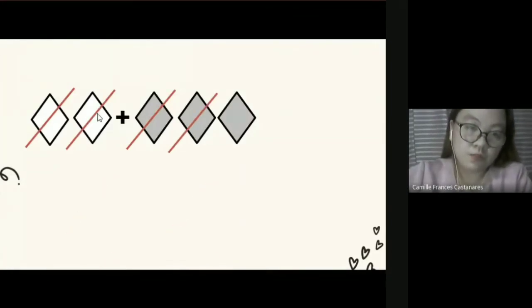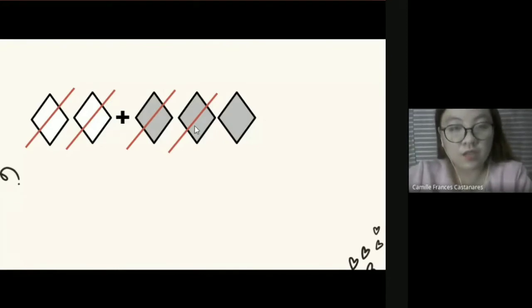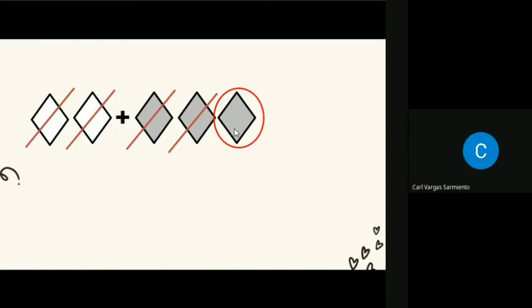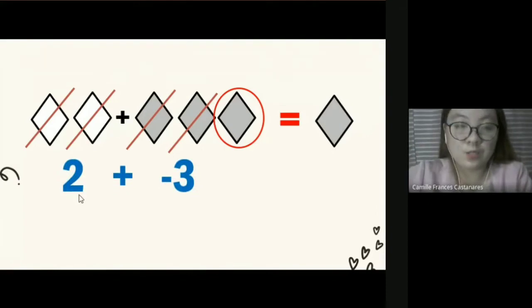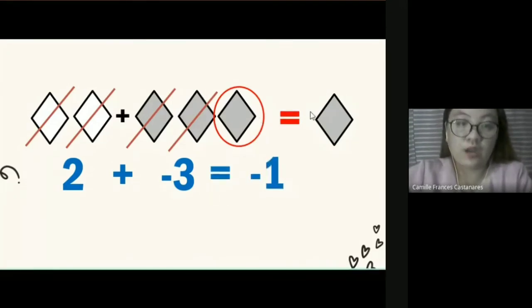Meron ditong positive, meron ditong negative. So, meron pa ba itong kapareho? Wala po. So, siya na lang yung natitira. So, our answer is, what is this? Positive or negative? Negative. Okay, so we have negative 1. Again, this is positive 2. This is negative 3. So, kapag kinancel out natin yung 0 pair, matitira yung isang negative 1 dito. So, the answer is negative 1.